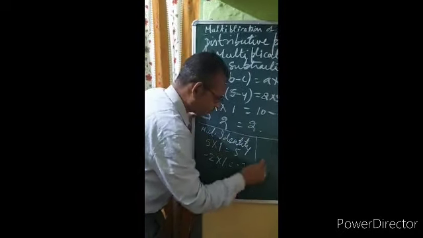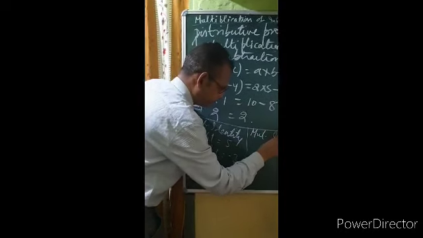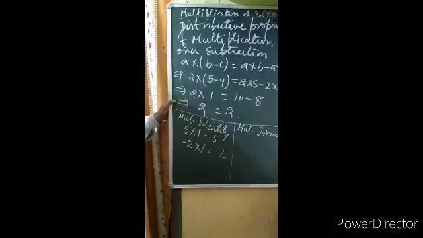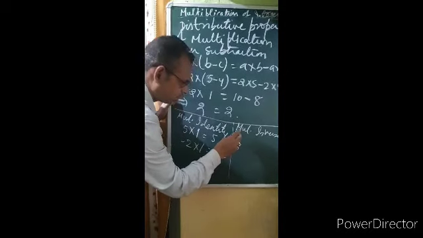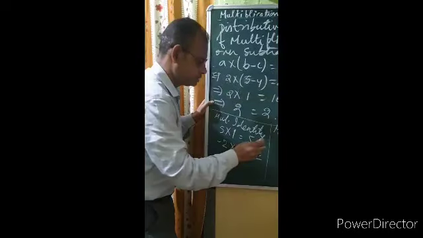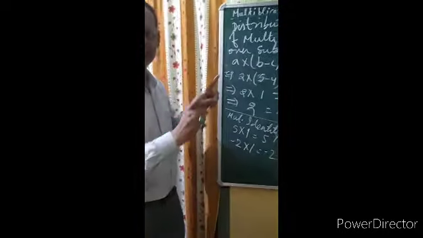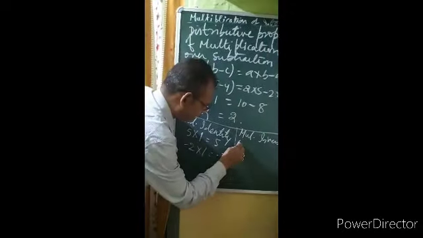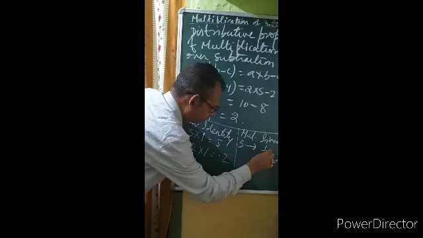Now there is one more thing, which is called the multiplicative inverse. The multiplicative inverse is also called the reciprocal. See, reciprocal means a number which, when multiplied by its reciprocal, gives 1. For example, 5, its reciprocal or multiplicative inverse will be 1 by 5.